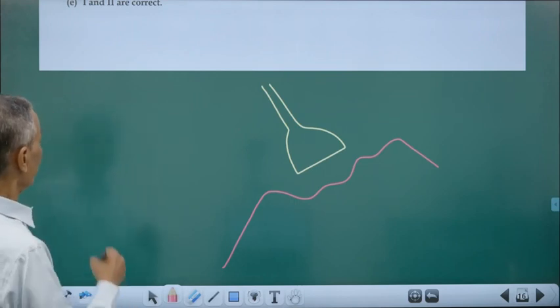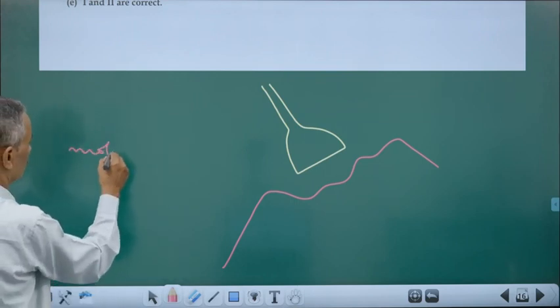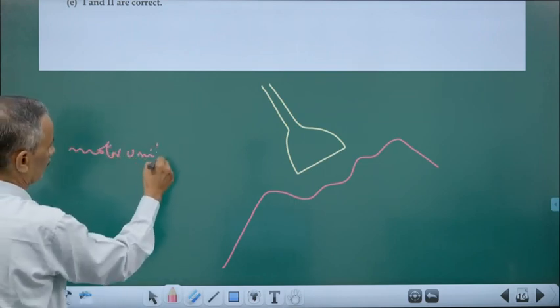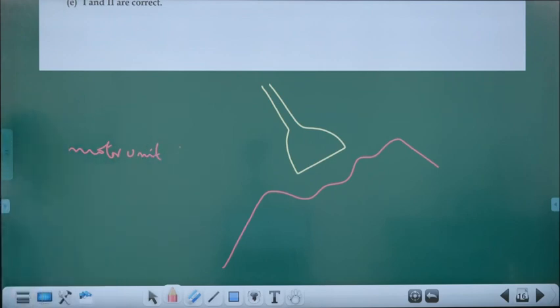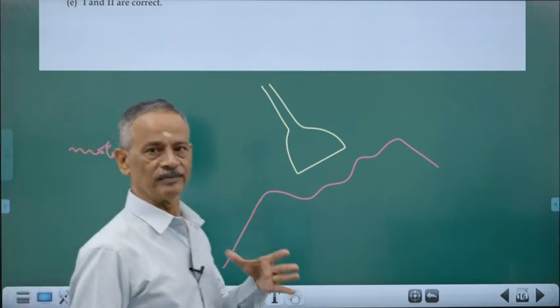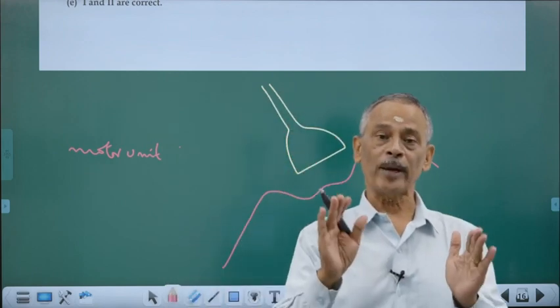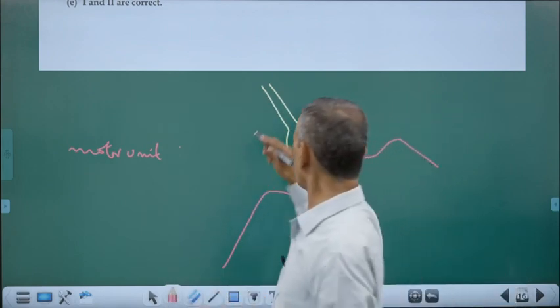This is called a motor unit. Okay. Actually, it's a neuromuscular junction. A motor neuron.